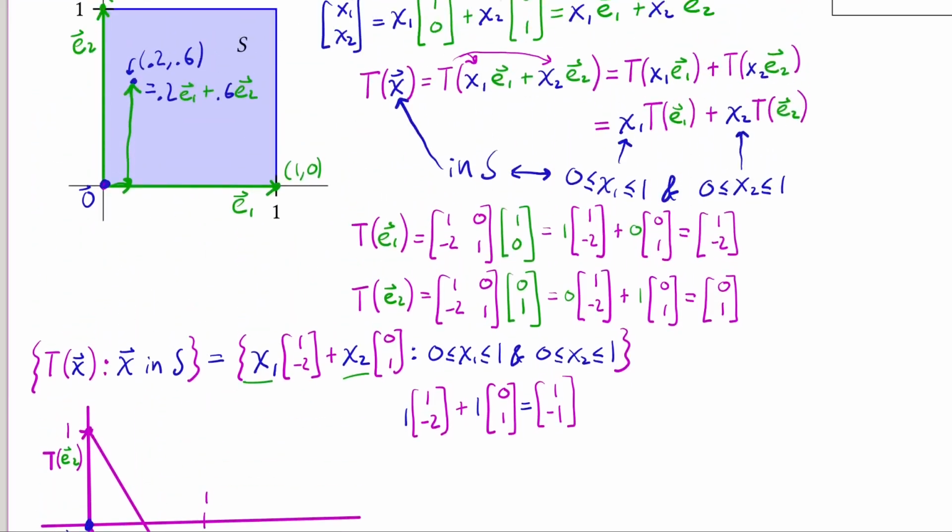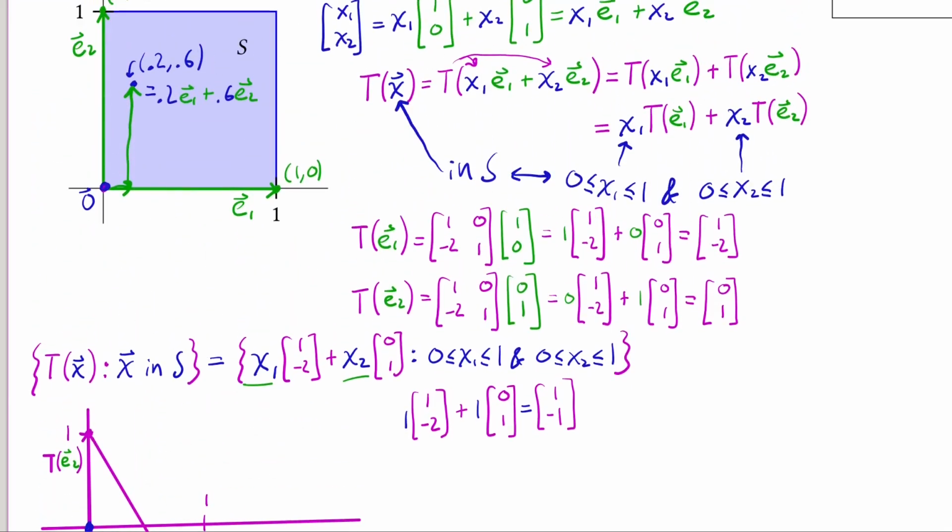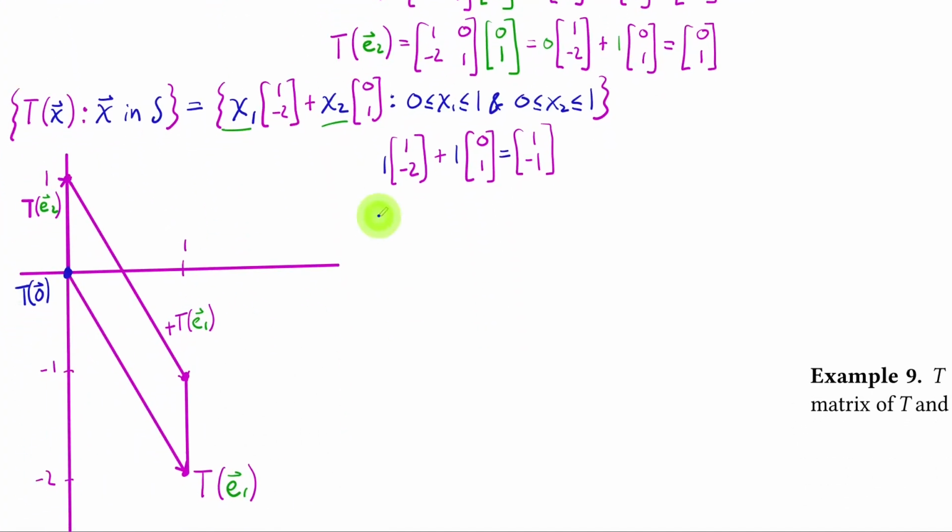And if you take something in between, like if x is 0.2, 0.6, what you'd get is something like part way down this one, 0.2 of the way down that one, plus 0.6 of the other one, which might put you around there.